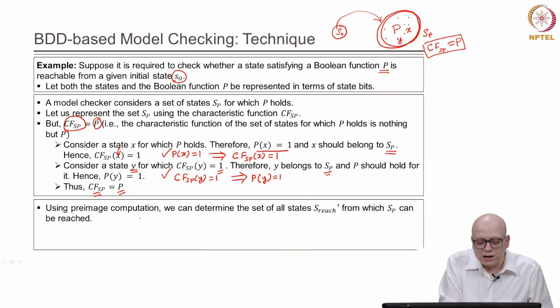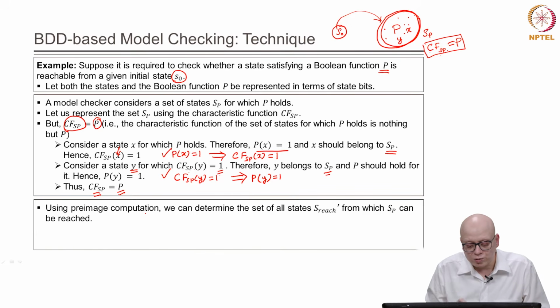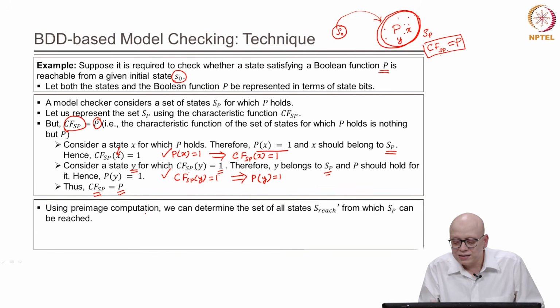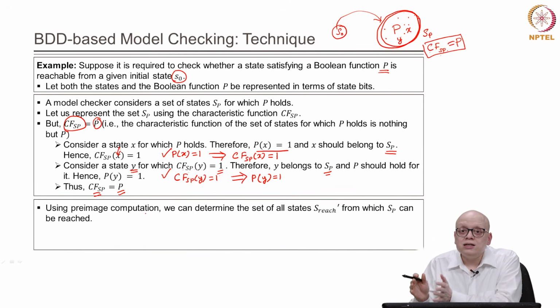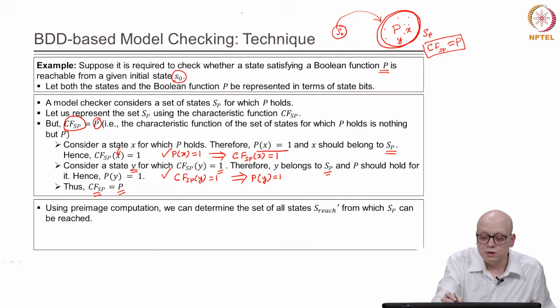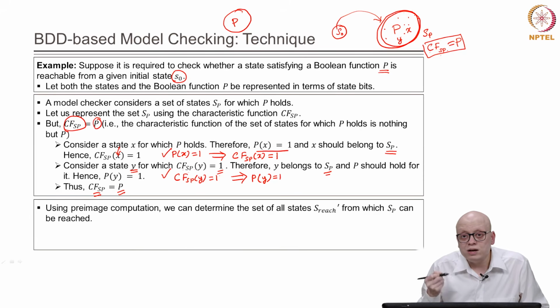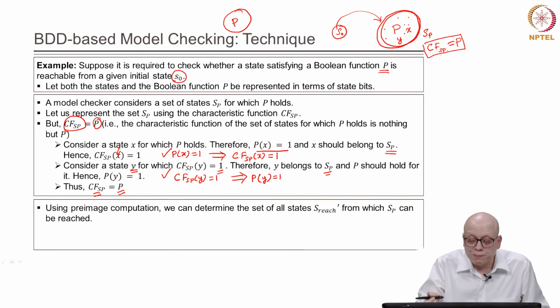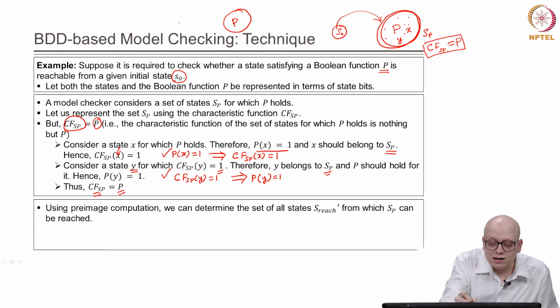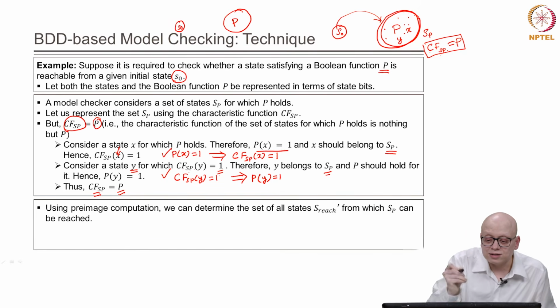Now, using pre-image computation, we can determine the states from which we can reach the set of states P. Given the property P, the characteristic function for the set of states for which P holds is nothing but P, and we are given a starting state S0.